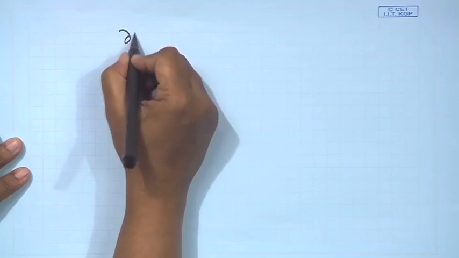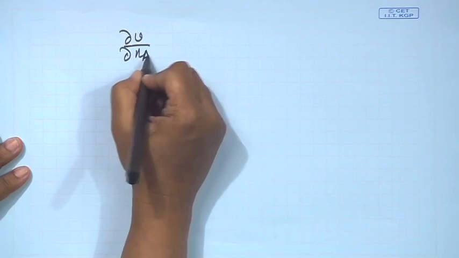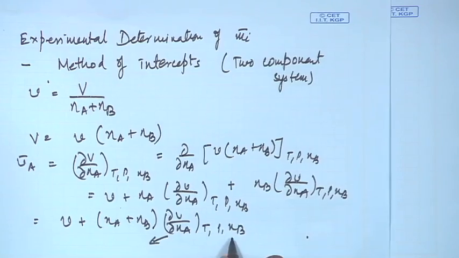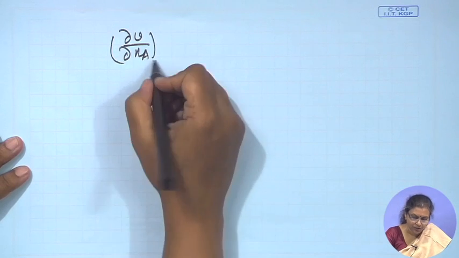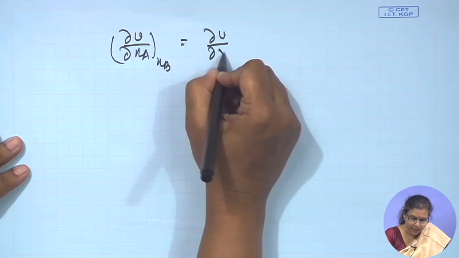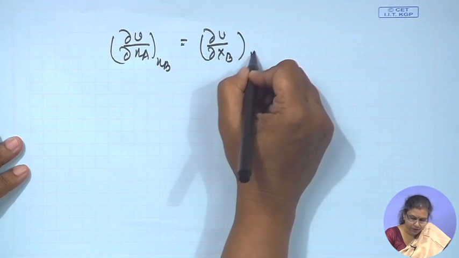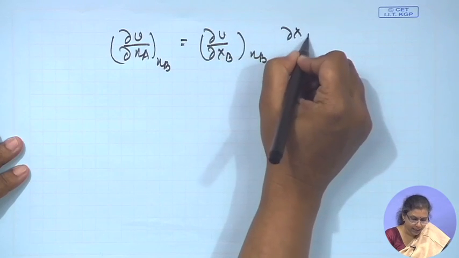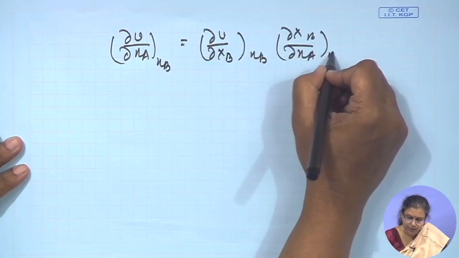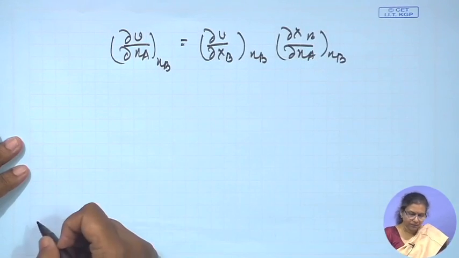Let us see, del V del Na at constant, what have we done? This is at constant Nb, and Tp, of course, remains constant. So, therefore, can we not write it down from chain rule as del V del Xb at constant Nb, del Xb del Na again at constant Nb?